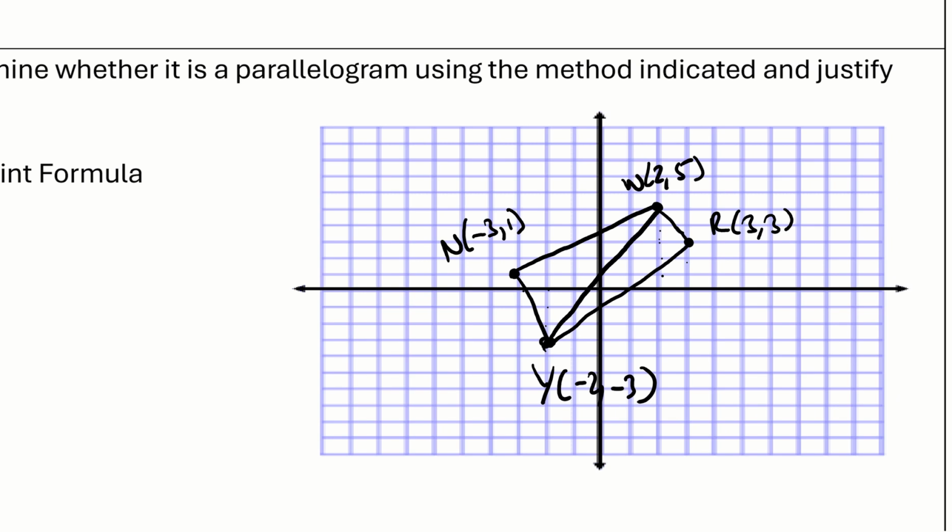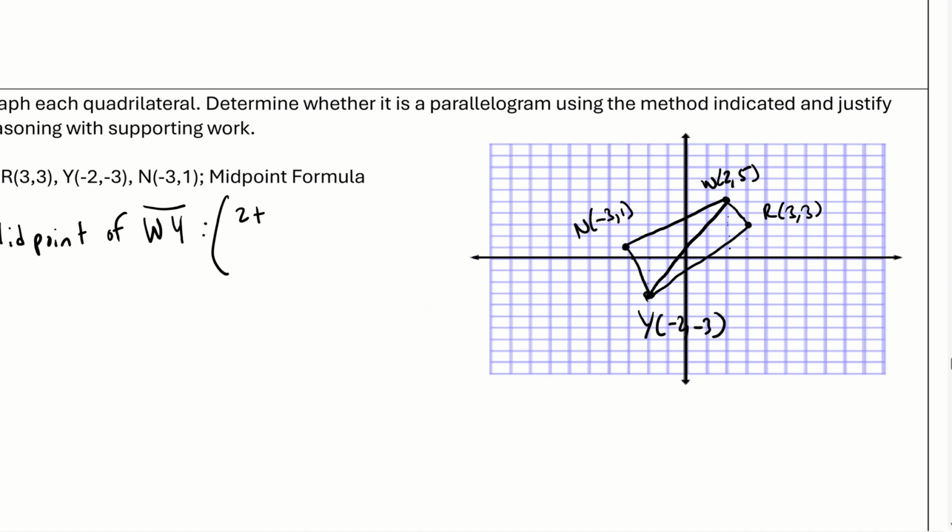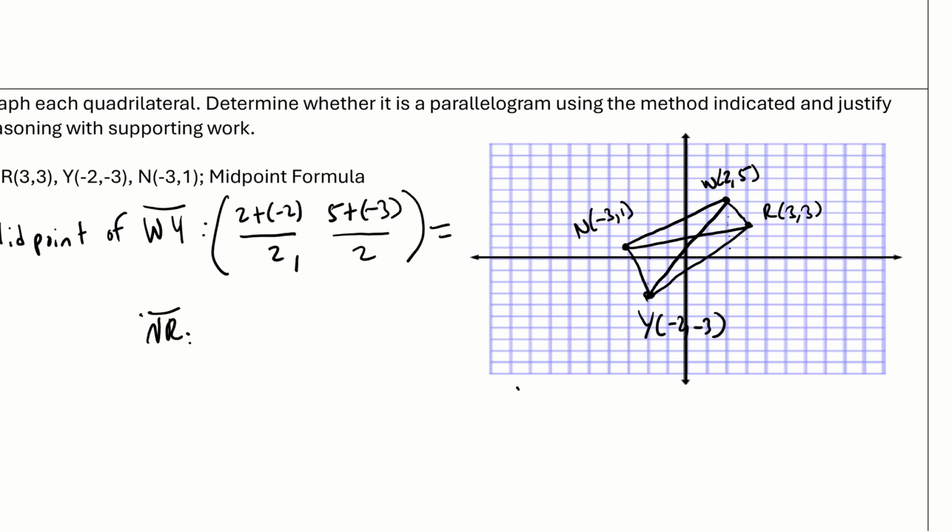So 2 plus negative 2, 5 plus negative 3, and then divide by 2. We'll do that math in just a little bit. Now let's do it for NR. So negative 3 plus 3 divided by 2, and then 1 plus 3 divided by 2.